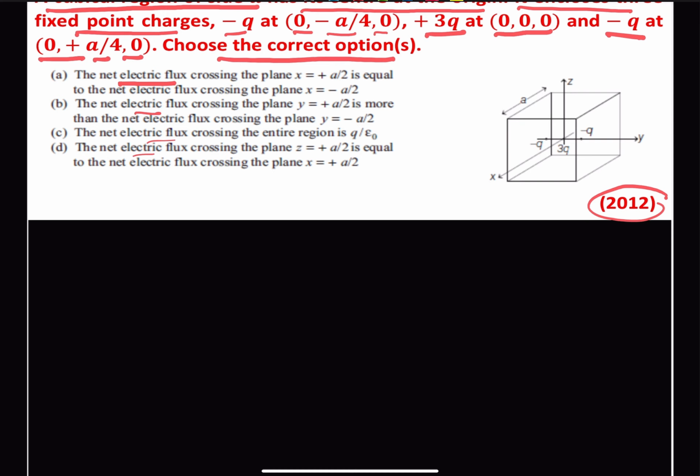Okay, so let's find out the total charge enclosed, or in this case we can say net charge enclosed. That is q enclosed will be equal to minus q plus 3q and minus q. This gives us q.